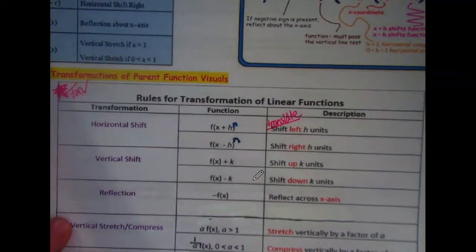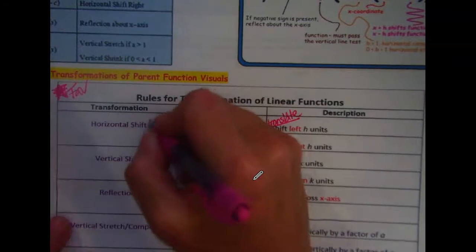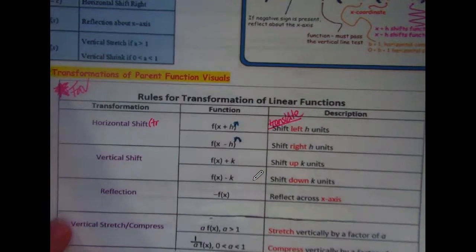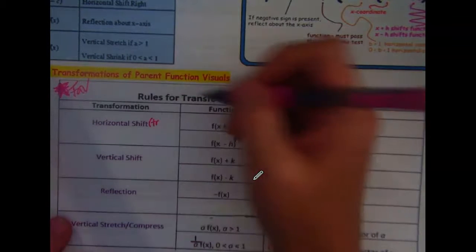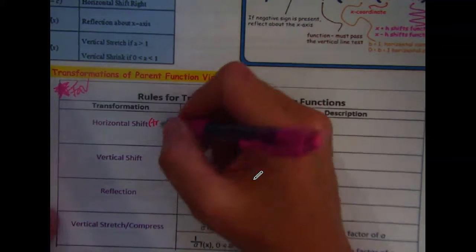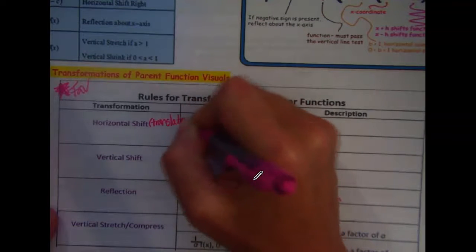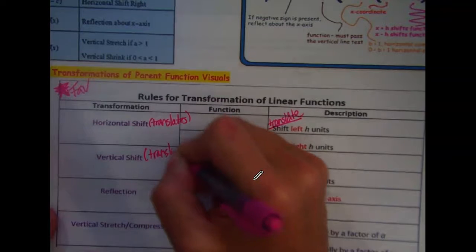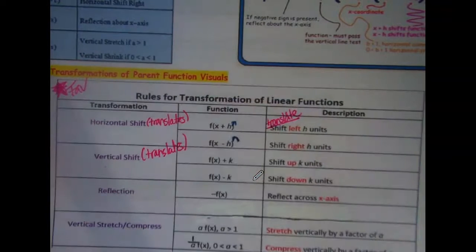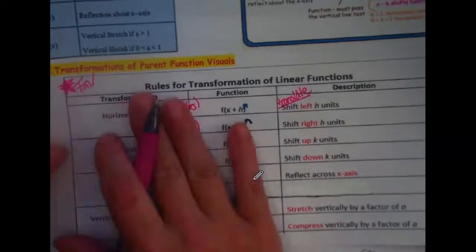We're going to use the same thing. So just remember, we're going to be using the correct terminology. Instead of saying shift, we will be saying it translates. That's for the up and down and left to right. It just sounds better, and then when you go to take tests and stuff like that, it's going to make a lot more sense.